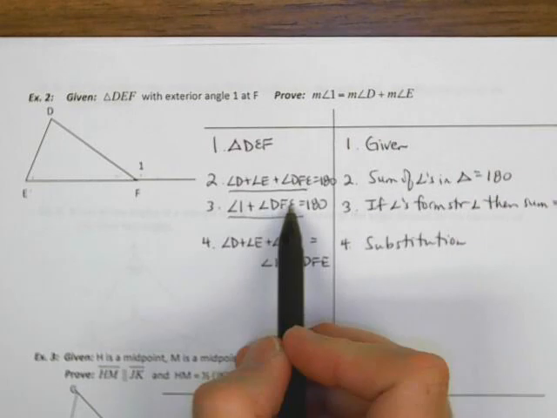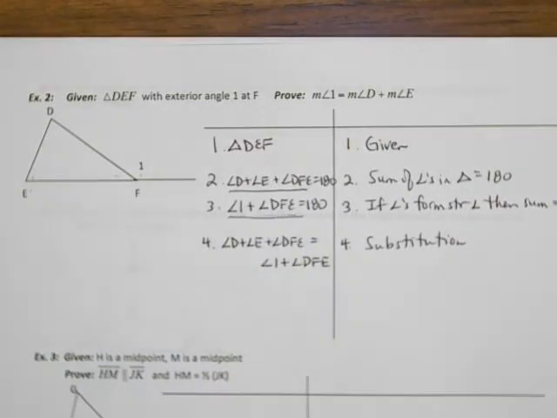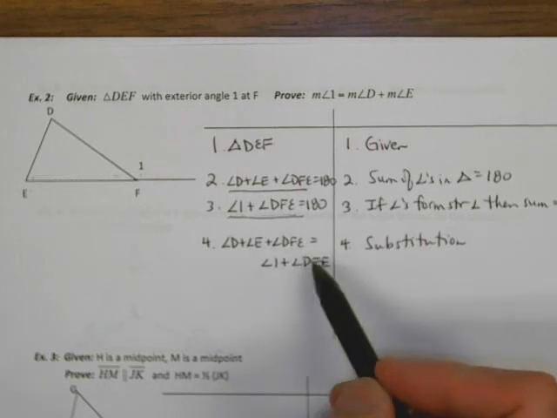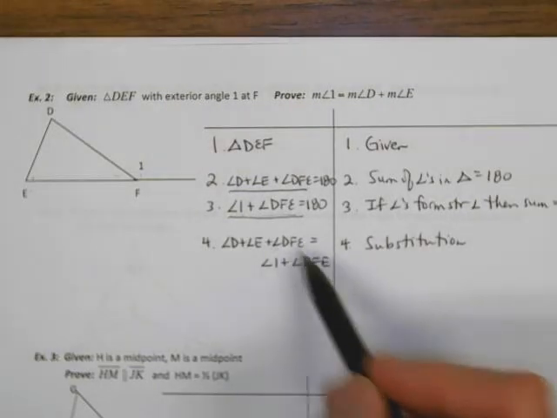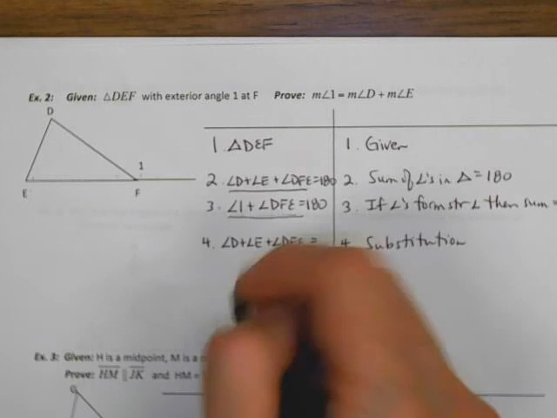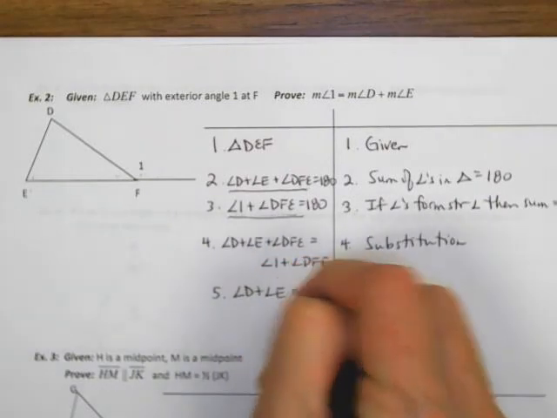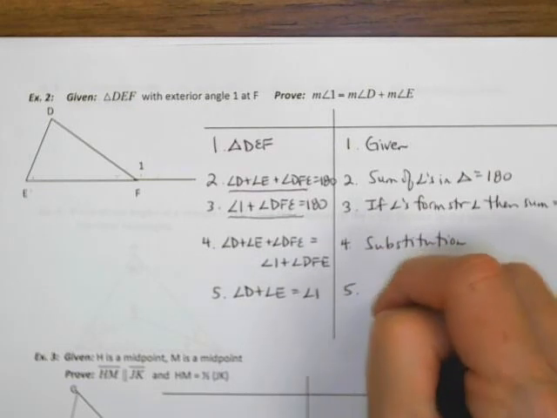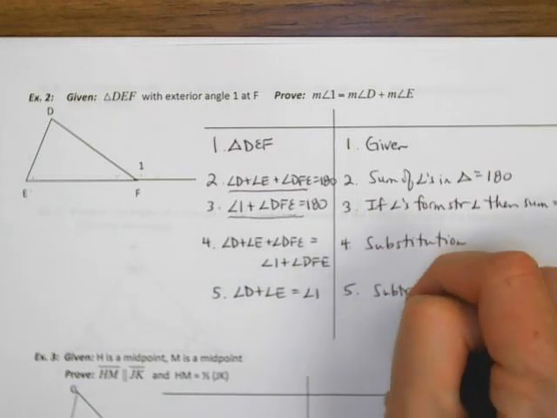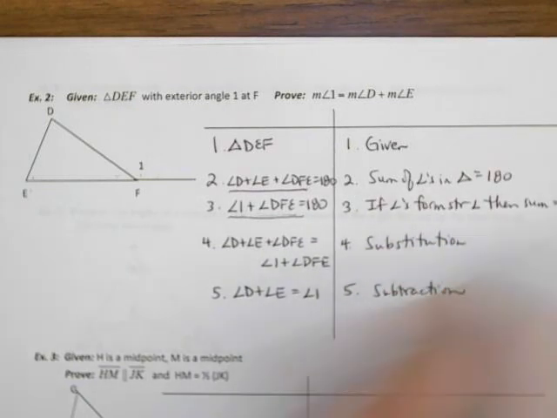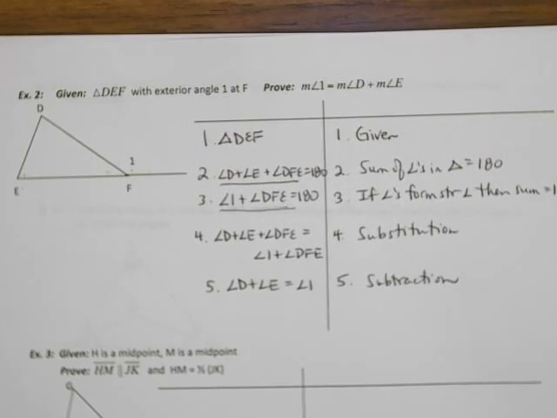I substituted this in place of this 180. But now I can see that angle DFE is on both sides. So just using a little algebra and subtracting that from both sides leads me to angle D plus angle E equals angle 1. So I'm just going to say subtraction on that one. You get the idea. All right, so we just proved the exterior angle theorem.